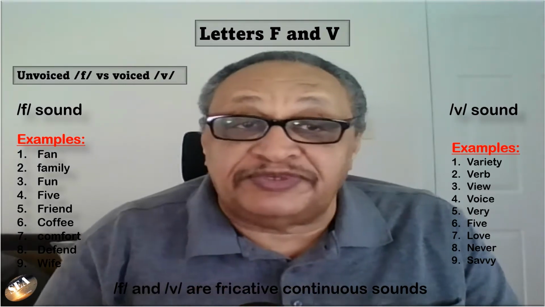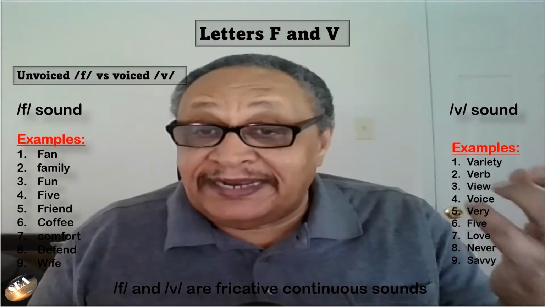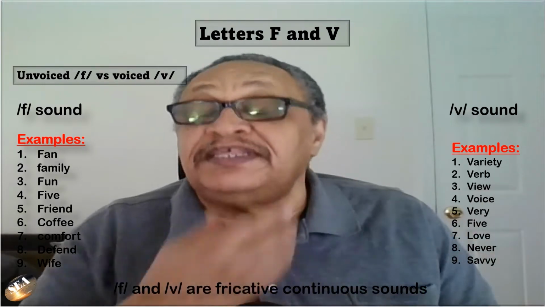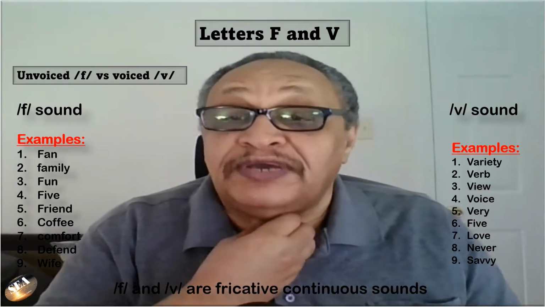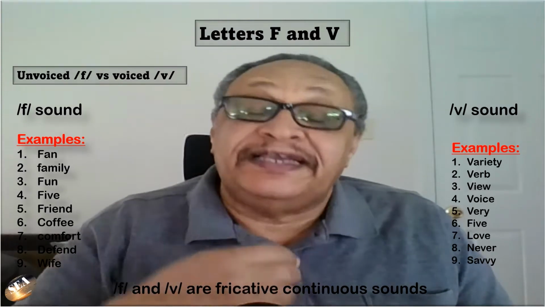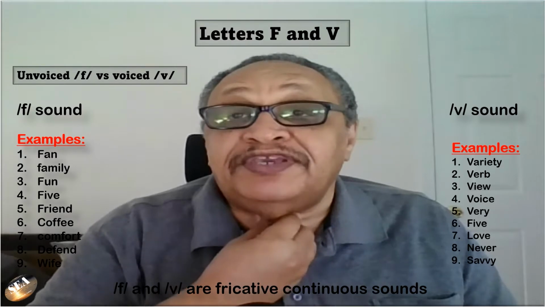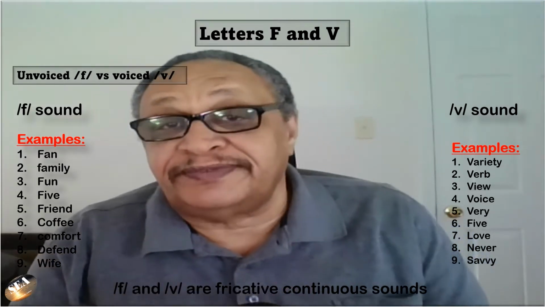This is the difference between them, and this is why we say that the F sound is unvoiced. That means there is no vibration of the vocal cords, while the V sound is a voiced sound because there is a vibration of your vocal cords.